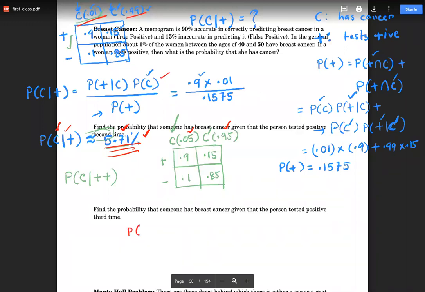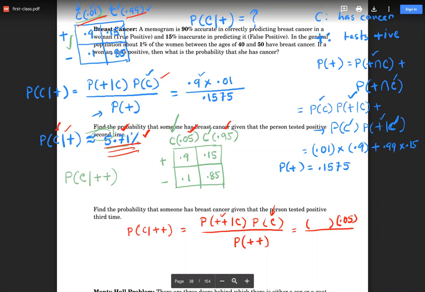Probability of cancer, given that the person tests positive twice, is the same as probability of testing positive twice given cancer times the probability of cancer, all of it divided by the probability of testing positive twice. So now probability of cancer second time is 5% or 0.05 times probability of testing positive twice, given that the person has cancer, is approximately 90% or 0.9.